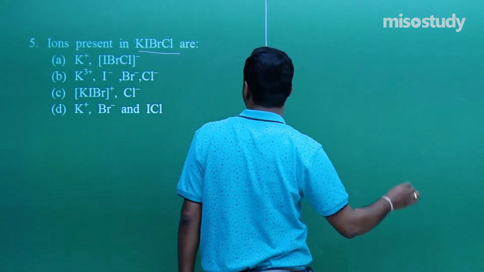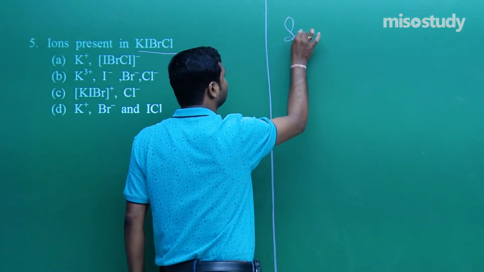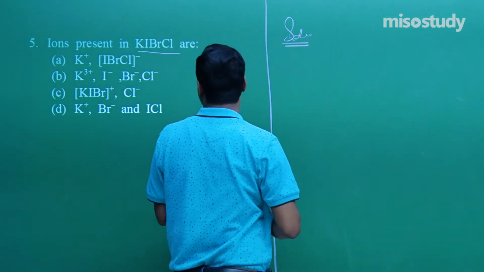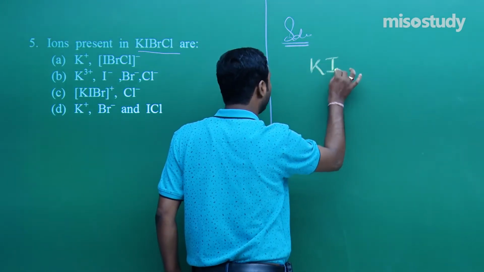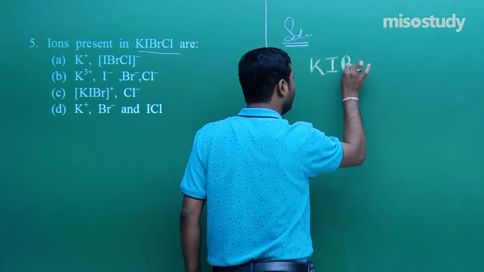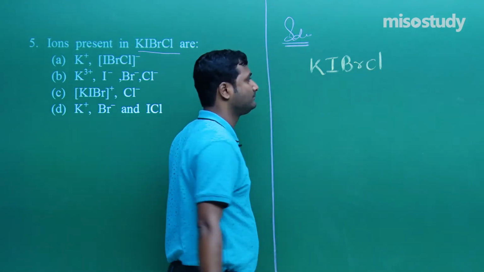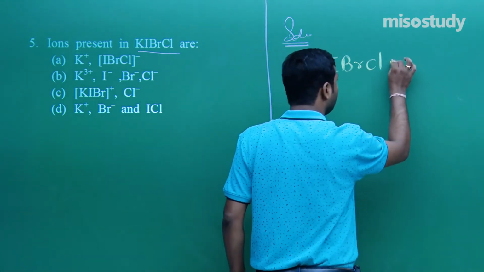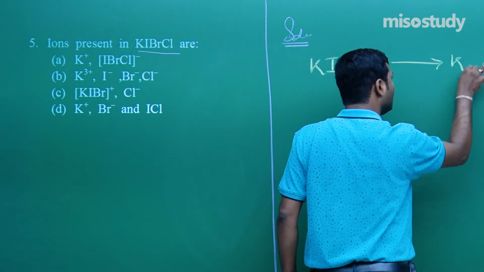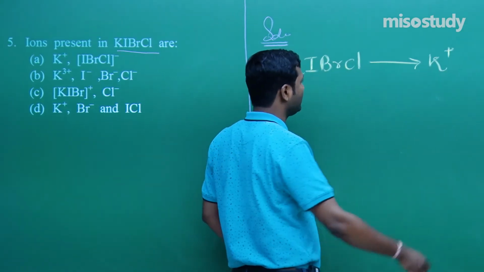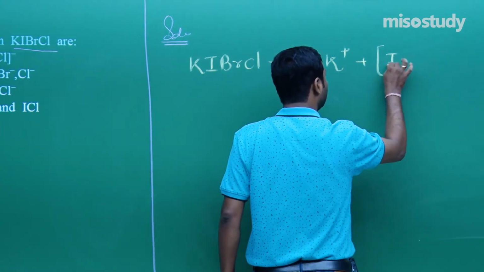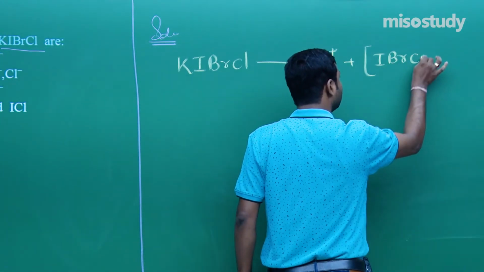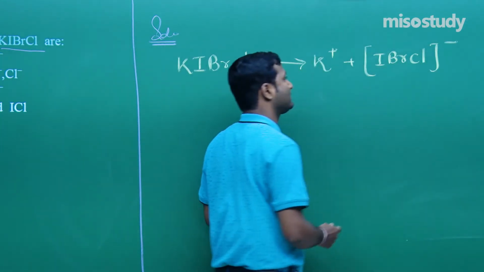Check out what I am telling. KIBrCl, clear to you? It will dissociate and give you K plus and IBrCl minus.